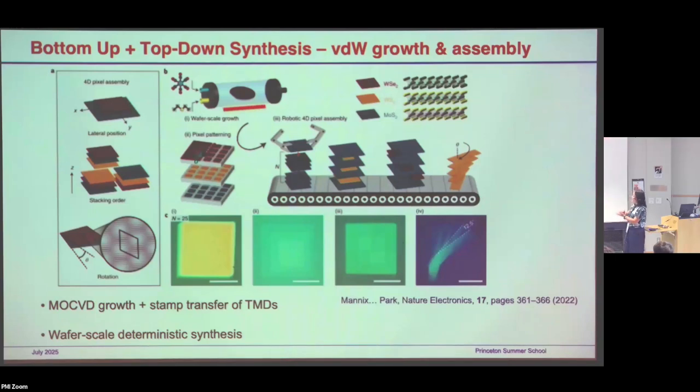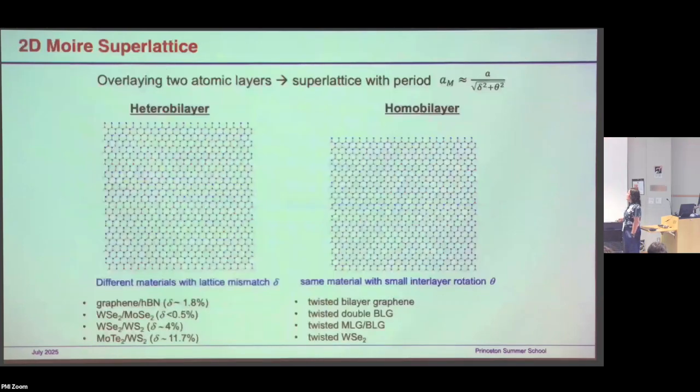They can repeatedly pick up; I think they demonstrated 80 layers. So it's 25 layers here, and you can also have rotation control. This is a nice demonstration of combining top-down and bottom-up synthesis, so you can have deterministic synthesis at wafer scale.